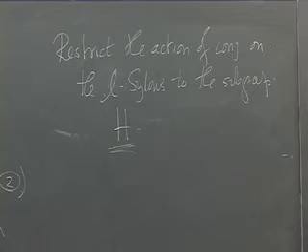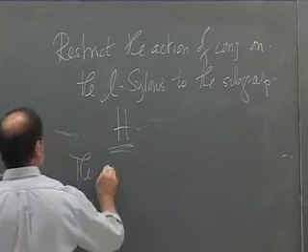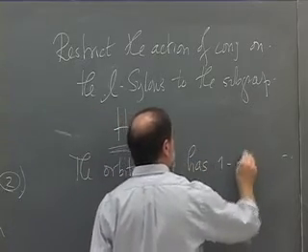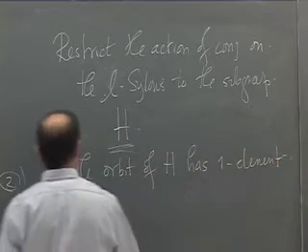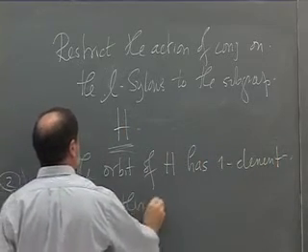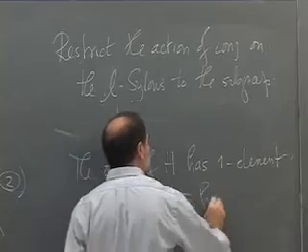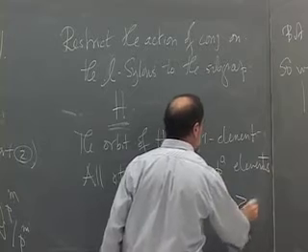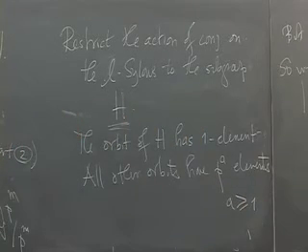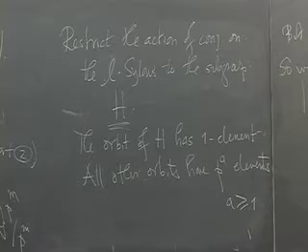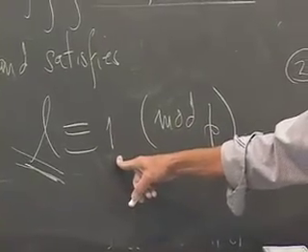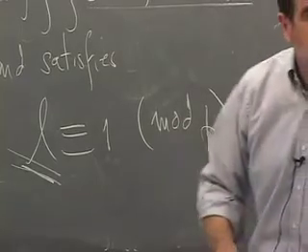I claim there's an orbit with one element. All other orbits have p to the a elements with a greater than or equal to 1. That's the claim. If that's the case, then the total number in the set, L, is congruent to 1 mod p, because it's 1, the number of orbits in the set H, plus p times other things.